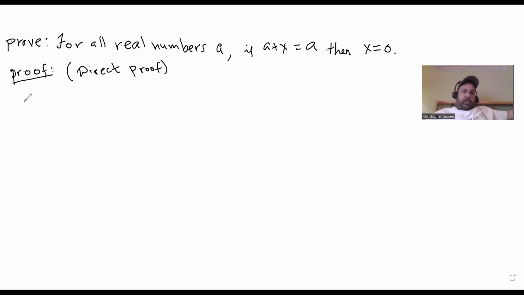All right, so let a be a real number, and let a plus x equal a.